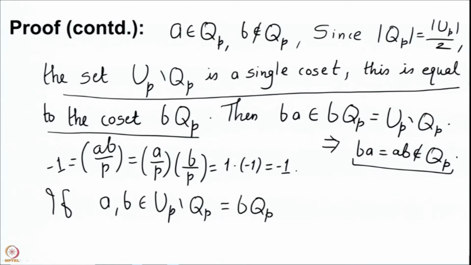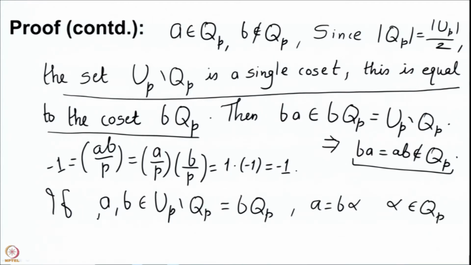So, we have that B is in BQP and A is also in BQP. So, that will tell you that A is equal to B times some element alpha, where alpha belongs to QP.